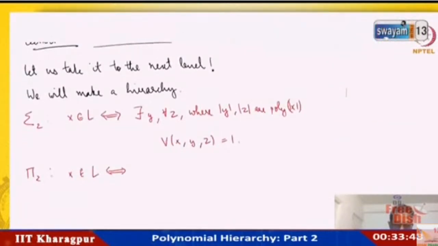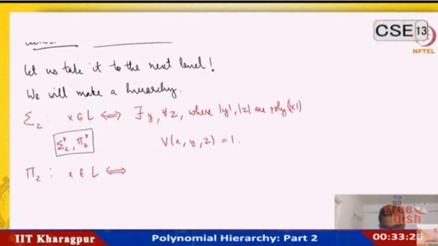Now we will define two classes called Sigma 2 and Pi 2. Sometimes they are also called Sigma 2 P and Pi 2 P, because eventually everything has a polynomial time verifier going on. So what is Sigma 2 and Pi 2?